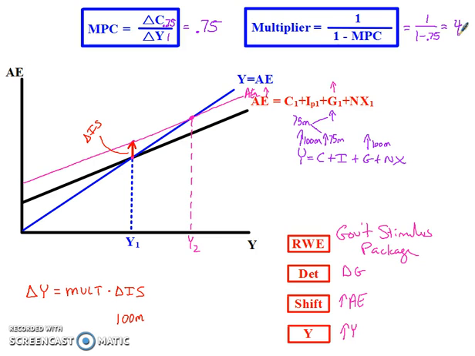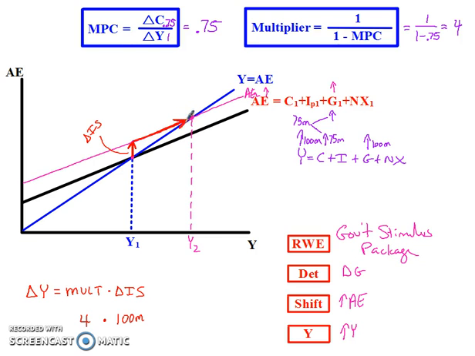So that multiplier of 4, that now gets plugged in down here. If the marginal propensity to consume is 0.75, then the multiplier would be 4. And that multiplier idea is happening on the graph, moving along the aggregate expenditure curve. That's the way that I want to think about it.